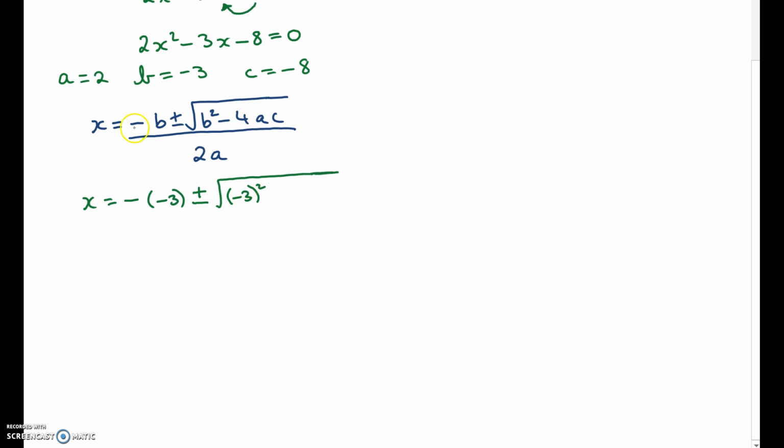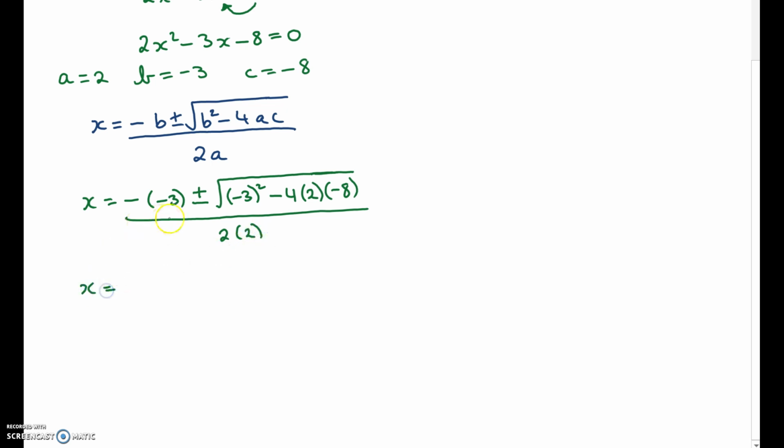The negative sign that comes from the formula stays outside, but b is negative 3, so the whole of negative 3 has to be in parentheses. So we have b squared, that's negative 3 squared, minus 4 times a, which is 2, times c, which is negative 8. And this is all over 2 times 2.